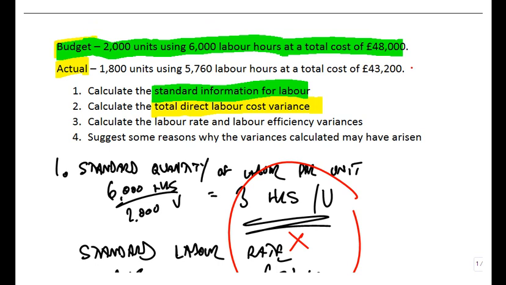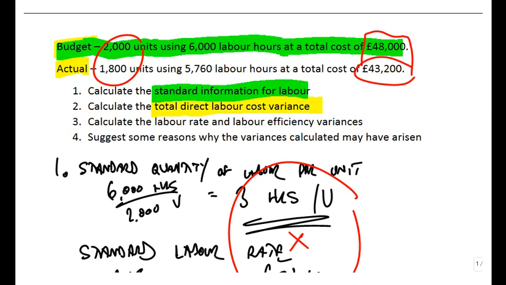We can see that we actually spent £43,200, but we're going to compare that to what we expected to spend. Now, the thing you've got to be very careful about here is we can't compare the £43,200 we actually spent to the budgeted figure of £48,000. We can't compare them directly because they're based on different volumes.